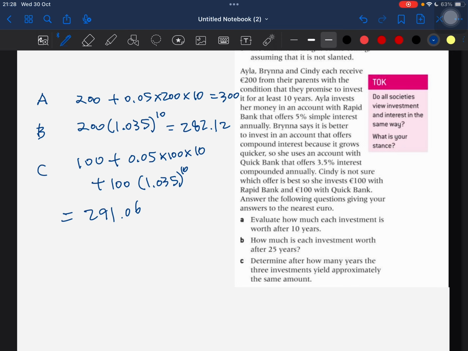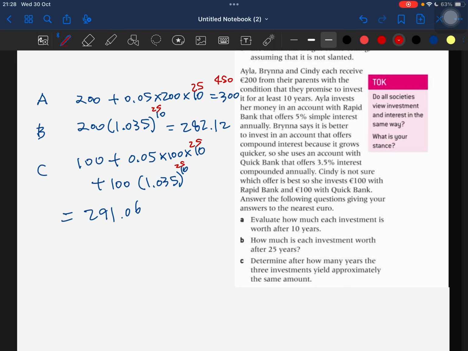How much is each investment worth after 25 years? Okay, so this was the one for 10; let's change only here to 25 and calculate it again. So 200 plus 200 times 25 times 5%, so now 450.